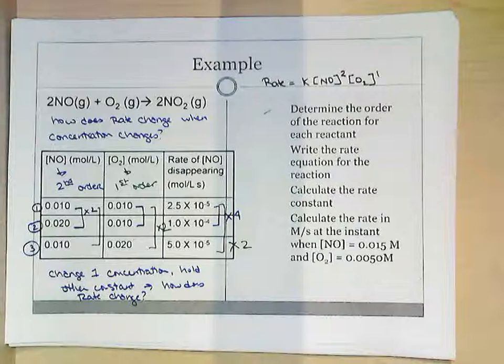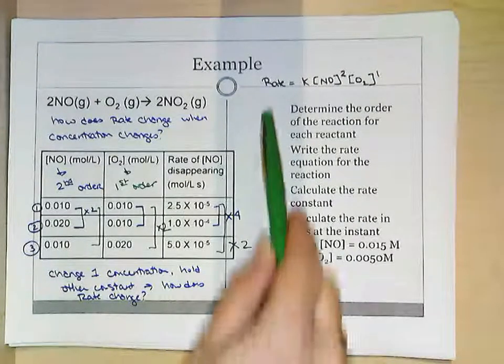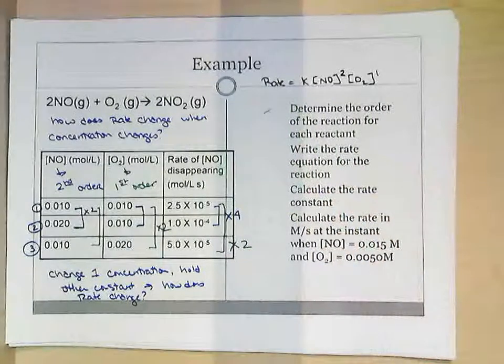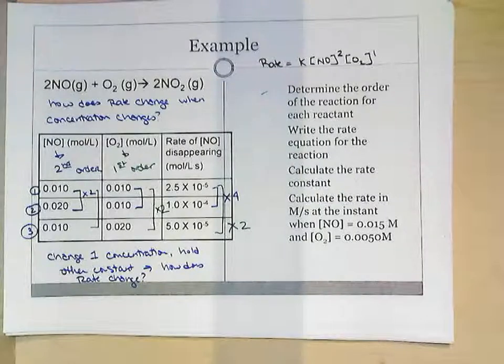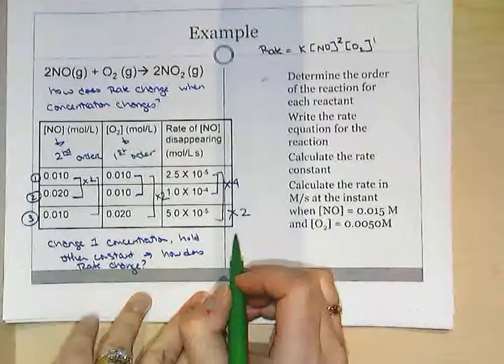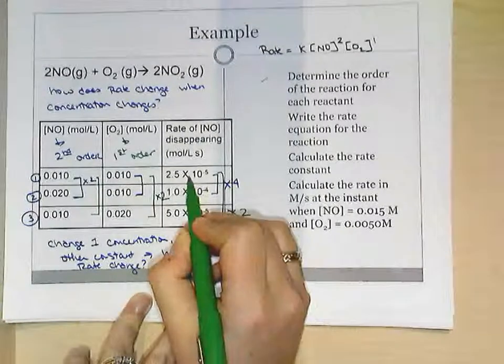All right, so then I want to calculate the rate constant. Which of these variables over here is the rate constant? K. So I want to figure out K. Which experiment would you like to use to solve for K? Doesn't make any difference to me. Number 1, good choice, because that's what I have in my notes. All right, so the rate is over here.